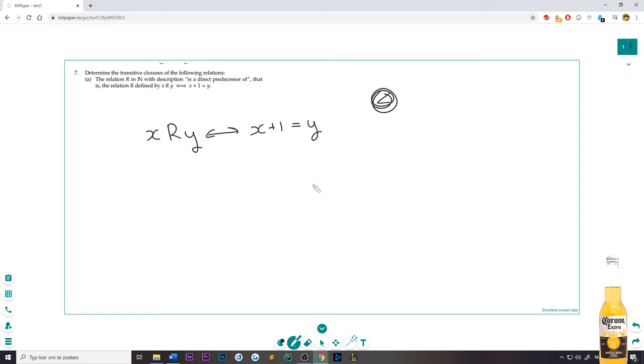So for all x, y, we have that x is smaller than y. So as long as y is bigger than x, then x relates to y. That's basically what this statement is saying. Okay, and that gives you the transitive closure for this relationship here. So for any x in this relationship, we know that it relates to all y that are bigger than it. Okay?